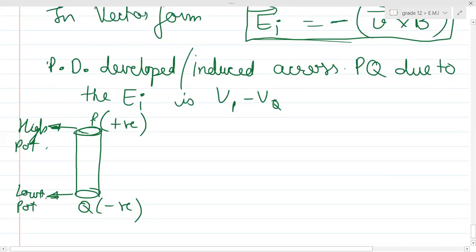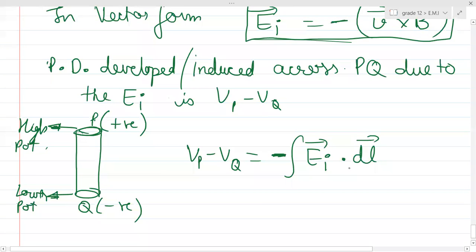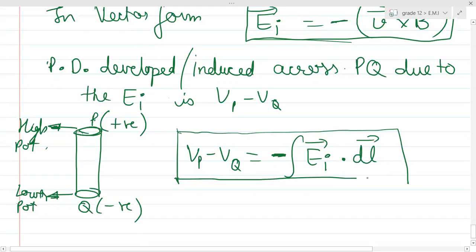So higher potential and lower potential, what will happen? Vp minus Vq. The EMF is basically equal to the potential difference, which is minus of the electric field dot dl. If you remember this formula, this is basic electrostatics. The relationship between potential difference and electric field is given by this.